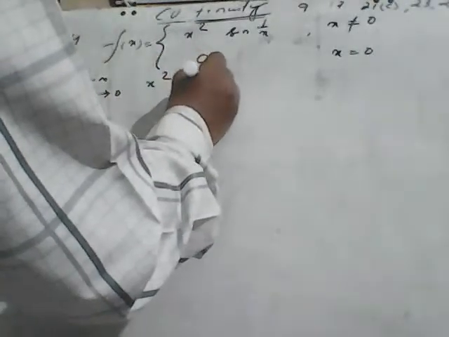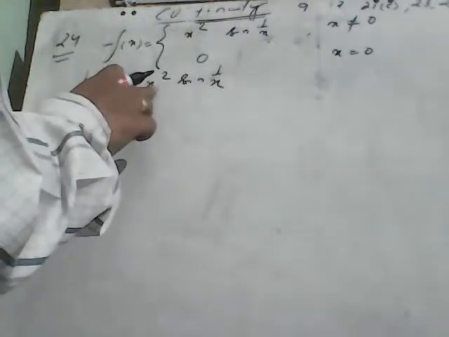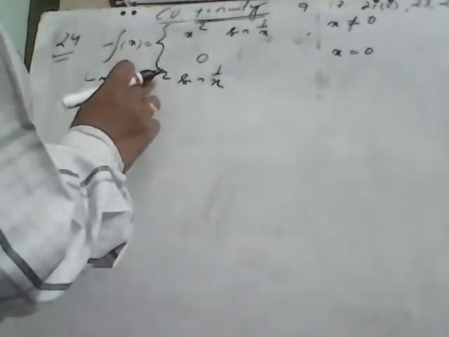Limit as x approaches 0 of f(x) means x square sine 1 by x. Limit as x approaches 0 of x square sine 1 by x. Now tell me, what is the value of sine 1 by x when x approaches 0?